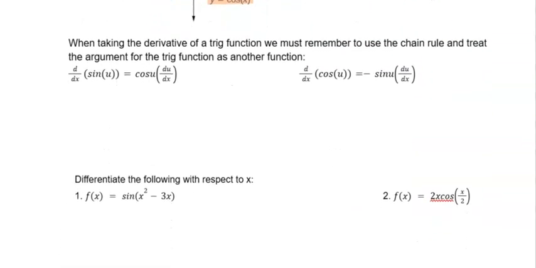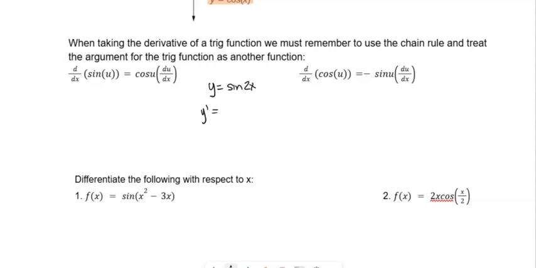Okay, so when we're taking the derivative of a trig function, we have to remember to use the chain rule and treat the argument, so whatever is inside the trig function, as another function. So we're going to take the derivative of y equals sine 2x.